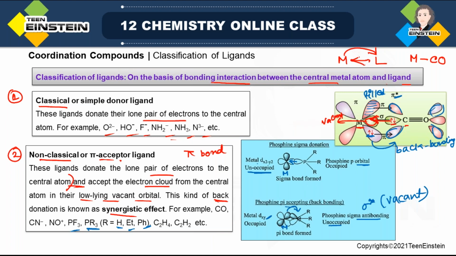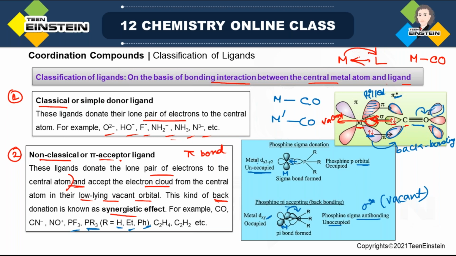Any doubt? Another thing that I want to mention here: suppose CO is common. In one case there is a metal M, in another case M prime, a different metal. Now when the metal is donating electrons towards CO, what will happen? The bond order of CO will decrease, because when the metal is donating electrons towards carbon, the electron density will now be over oxygen.